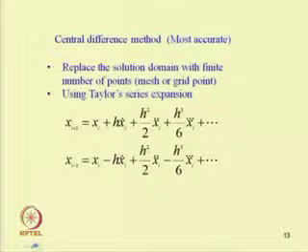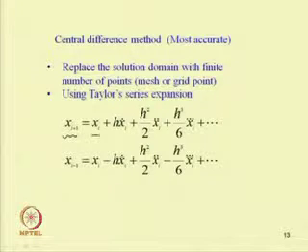In the central difference method, we can replace the solution domain with a finite number of points, or mesh or grid points, and using Taylor series expansion we can write x i plus 1, that is the solution at the i plus 1th iteration. If we are starting at the ith iteration, then the i plus 1th iteration can be written in terms of the ith iteration by using this formula.